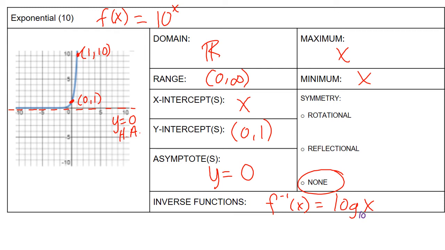It's a subscript: log subscript 10. But the properties are still the same.